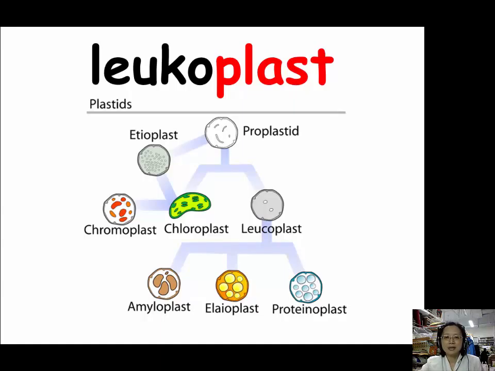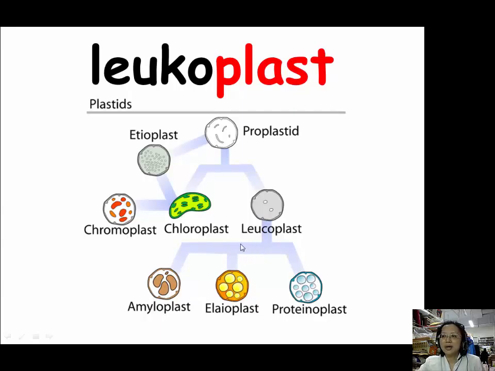They can differentiate into amyloplast, elioplast, and proteinoplast. These are all non-pigmented in contrast to other plastids such as the chromoplast and the chloroplast. Chloroplast is always green because it contains chlorophyll, and chromoplast is usually orange or red because it contains carotenoid.